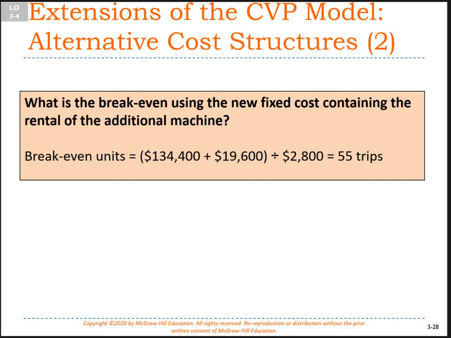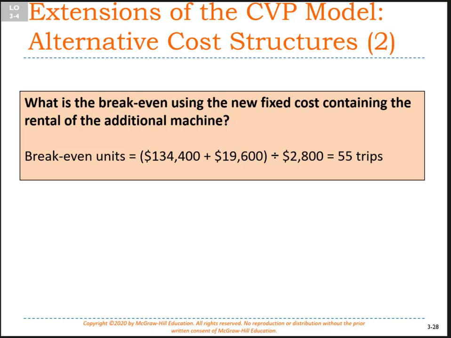You need to consider that when you're calculating your break-even point. So now your break-even point, with the additional cost that you may have missed or didn't consider, is actually 55. And so you may find that it will go up to 40 more, okay?